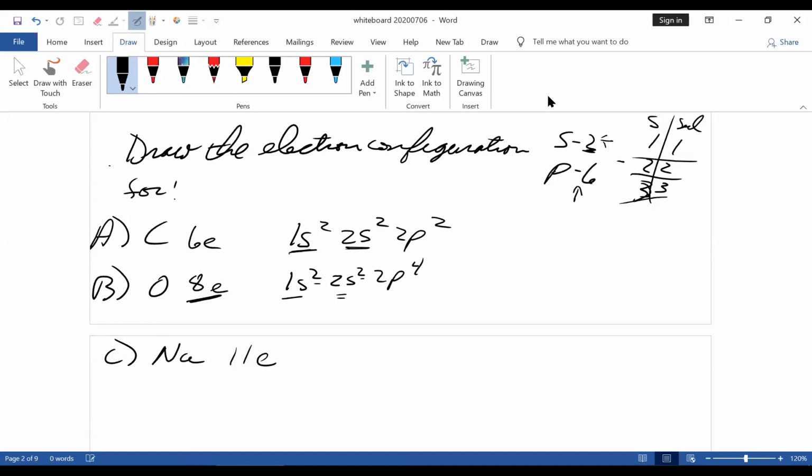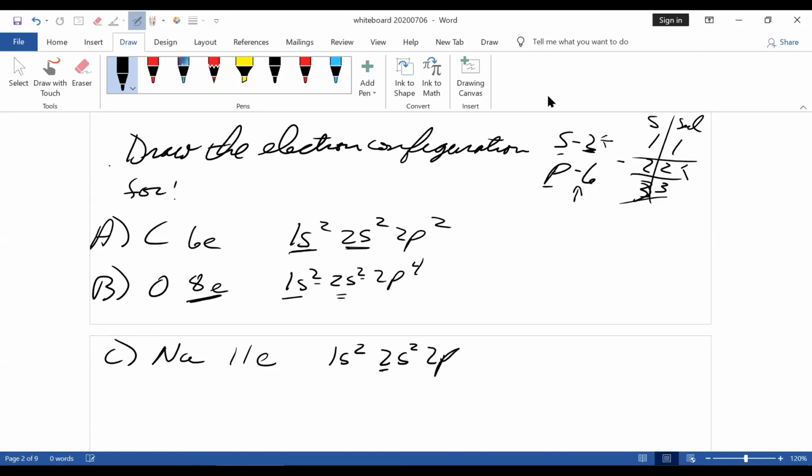I don't. Let's look at sodium. First one, 1s, I can put in 2 electrons. Next one, 2s, I can put in 2 electrons. Remember, shell 2 has 2 subshells. First one is S, second one is P. Therefore, I go to 2p.